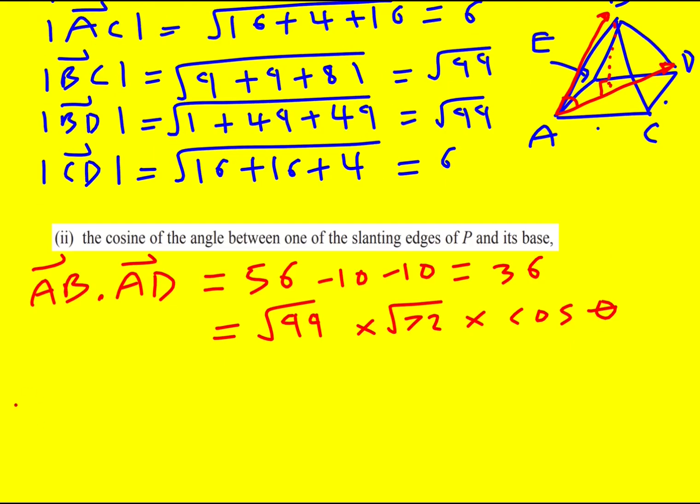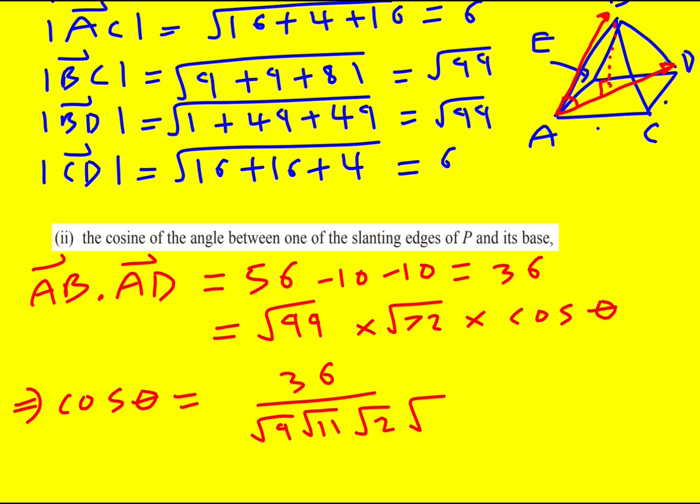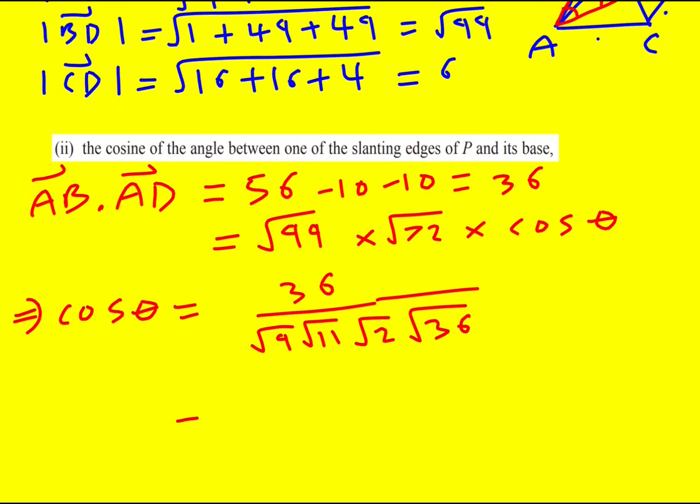So cos theta is going to equal 36 over, I can write this as root 9 root 11, and root 72 is root 2 root 36, which is going to be 36 over 3 times root 11 times root 2 times 6.